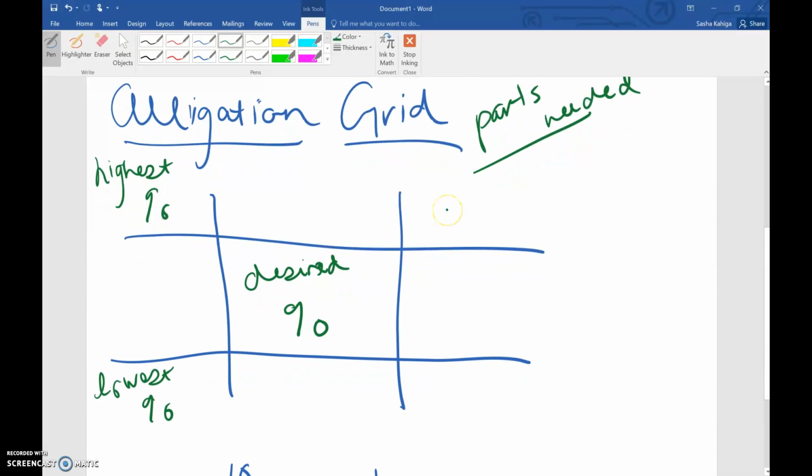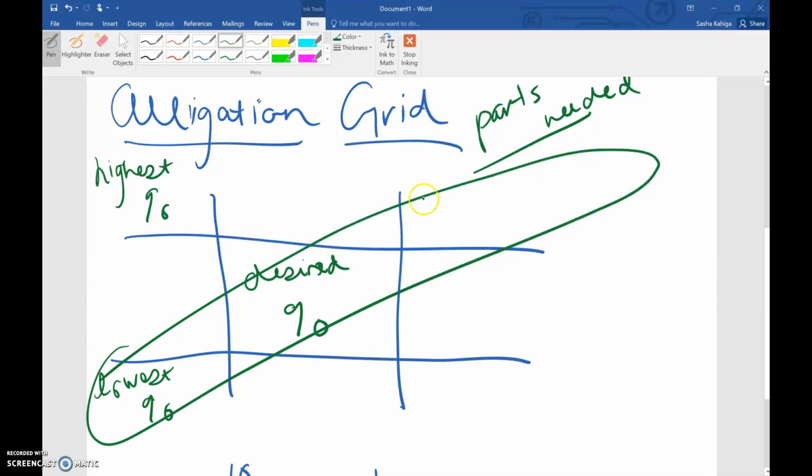But in order to get that number, you have to subtract your lowest from your desired. So even though I subtract diagonally, lowest from desired, you read it from left to right. Although I'm subtracting lowest from desired, that gives you the parts needed for your highest.